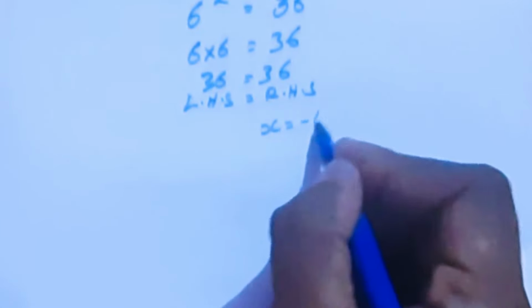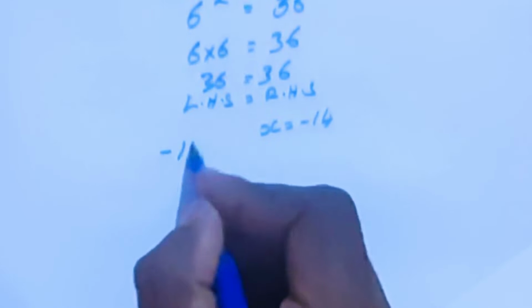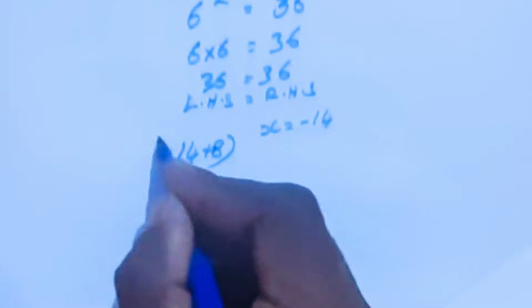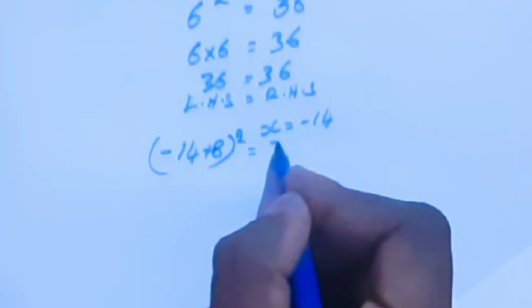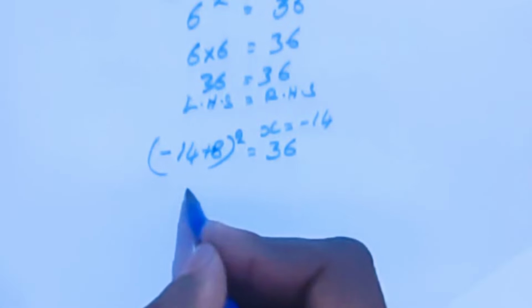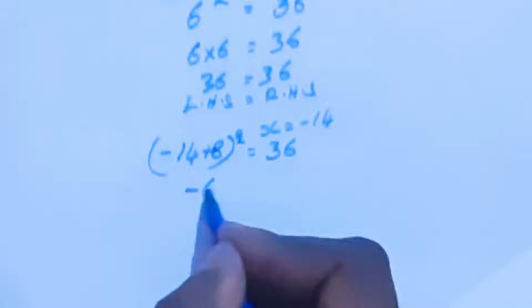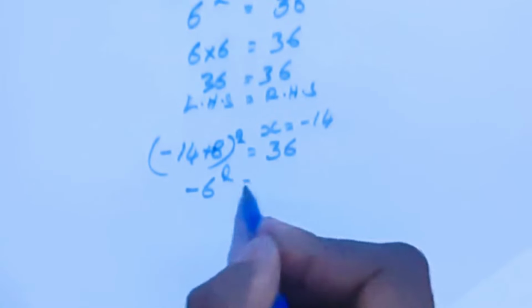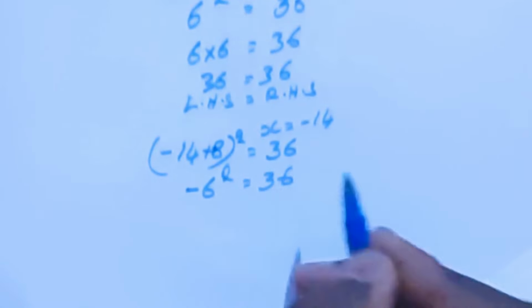Now we are going to apply x = -14. So (-14 + 8)^2 = 36. Here (-6)^2 = 36.